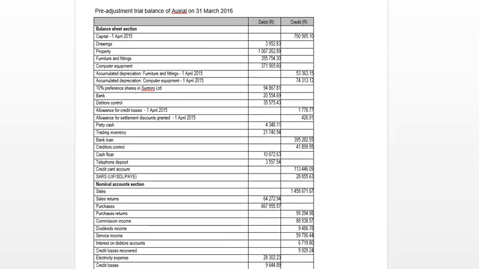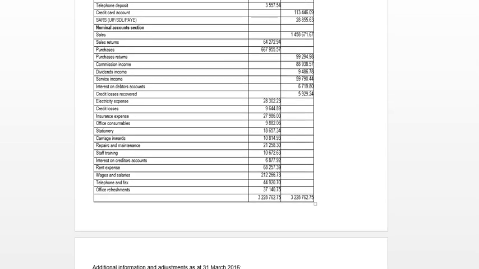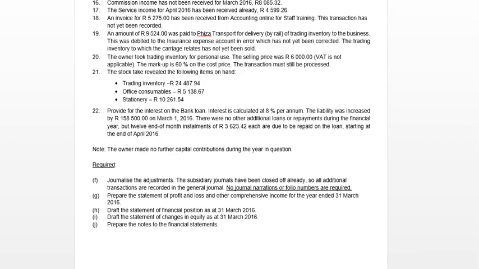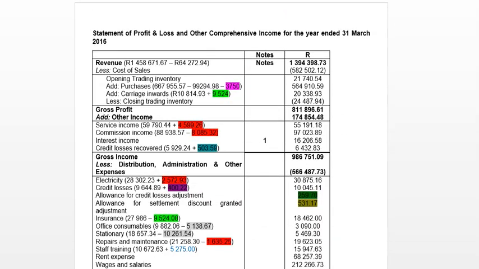Where do we get that? We get it from our trial balance. Our opening trading inventory is 21,740.54. We need to add to that our purchases. Our purchases was 667,955.57, less our purchases returns of 99,294.98.